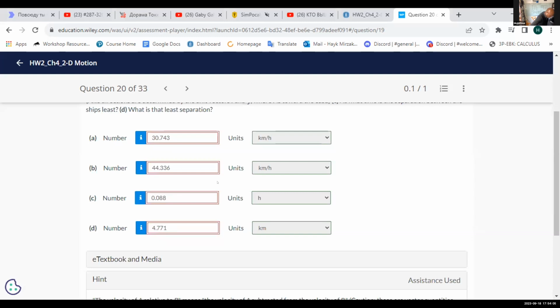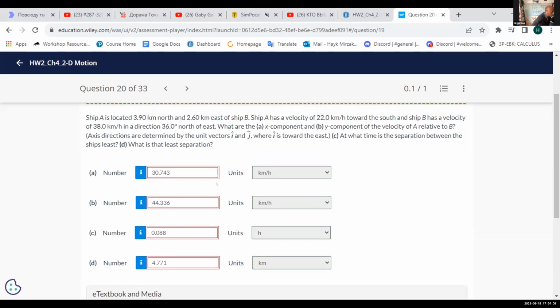Yeah, well, it may be one of those issues where maybe it wants, who knows what it wants. Maybe it wants 44.34 or something. I don't know. It could be that situation. So you just have to submit it, and if it's wrong, then you let me know, and I'll correct it.